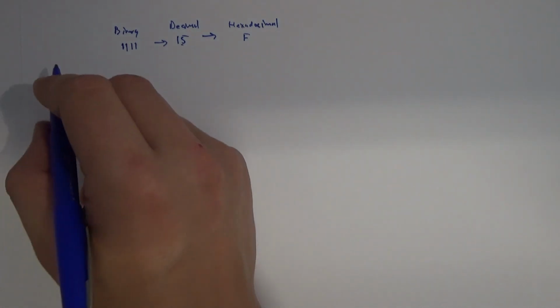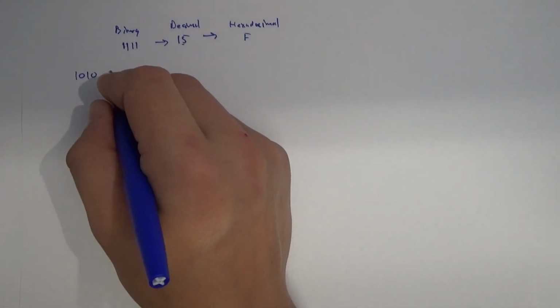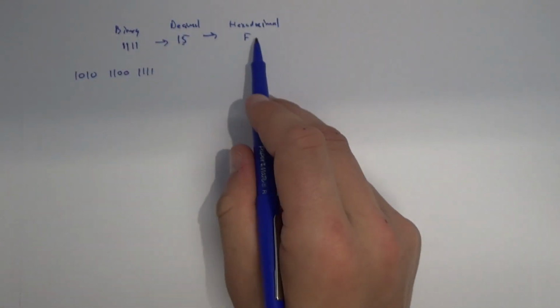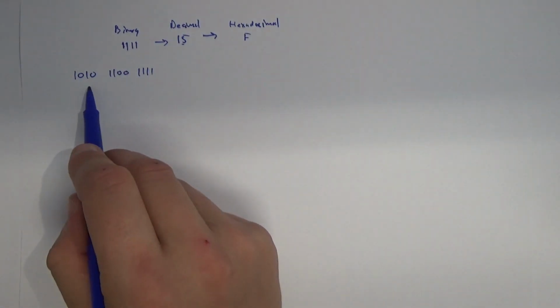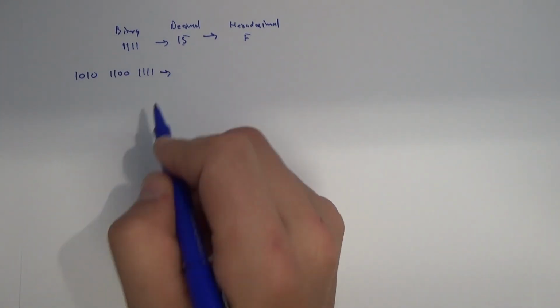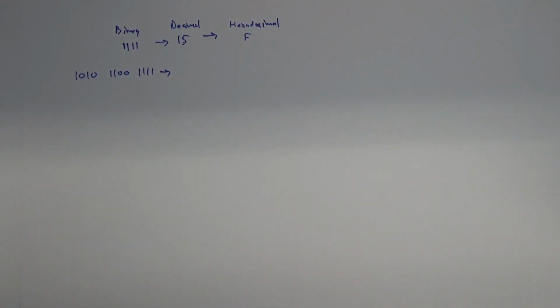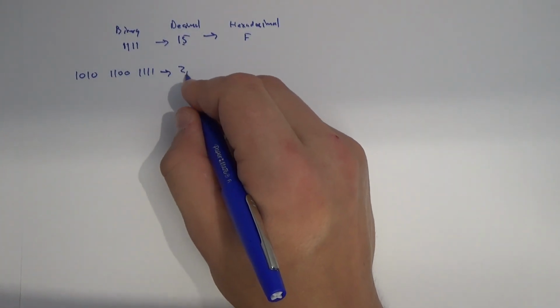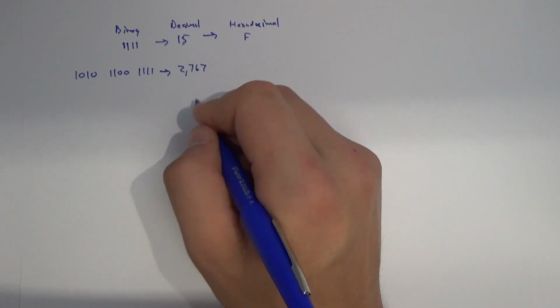Now, I mentioned when we were talking about binary that there was a trick and why we separate binary into groups of 4 in order to get to hexadecimal. We've already done this conversion, and if we look back at the answer, the decimal representation of this binary number is 2,767.